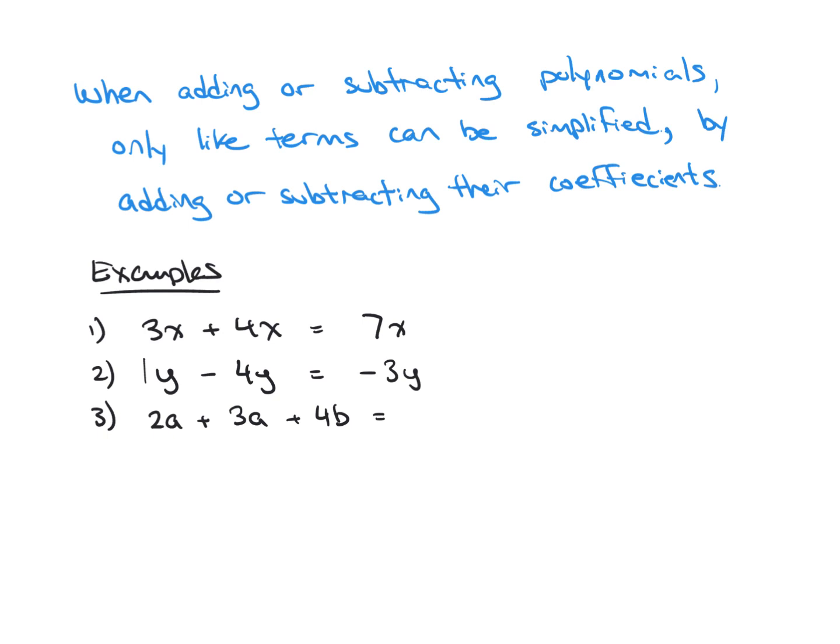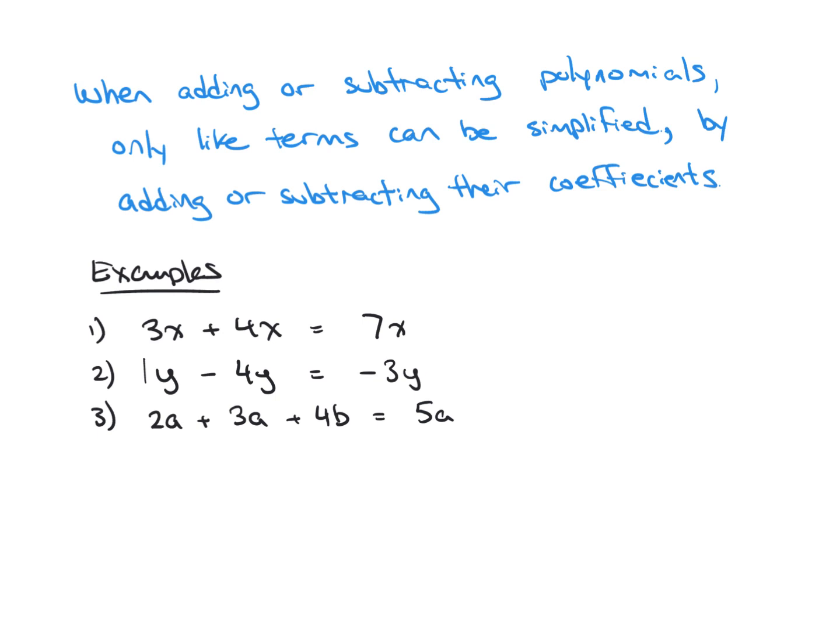The 2a and 3a are like terms, but the 4b is different than those. So in this case, when we simplify, what we do is we only add together what we can. And the stuff we cannot simplify, we just copy it down. So that means simplifying the 2a plus 3a to give 5a.